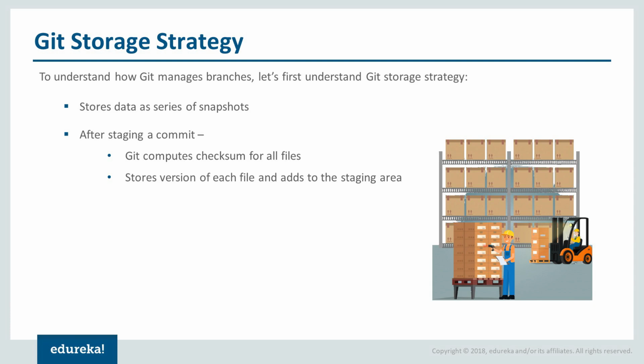To visualize this, let's assume that you have a directory containing 3 files and you stage them all and commit. Staging the files computes a checksum for each one. It stores that version of the file in the Git repository and adds that checksum to the staging area. So after staging, two things are happening. Git computes the checksum and stores the version of each file and adds it to the staging area.